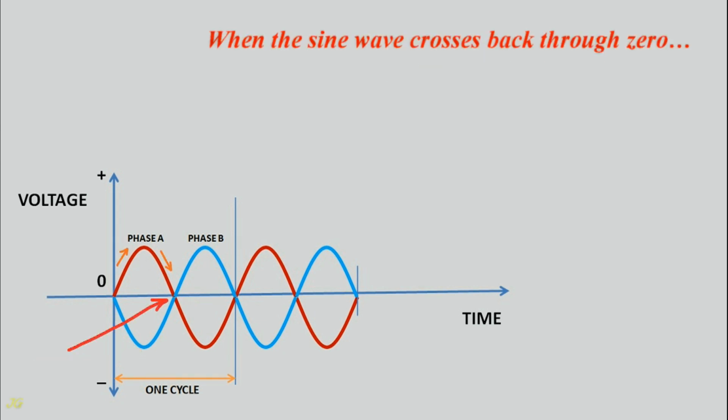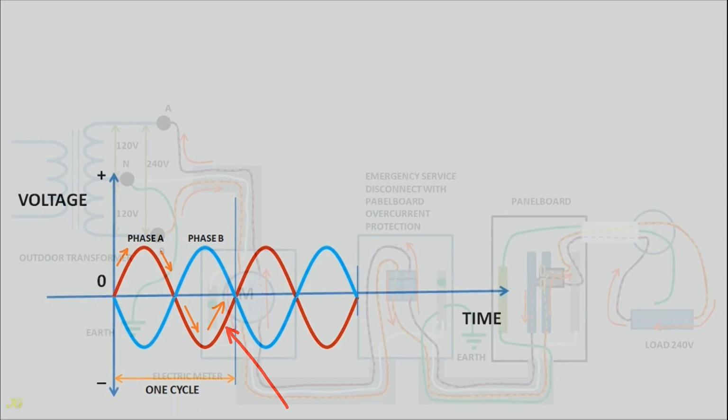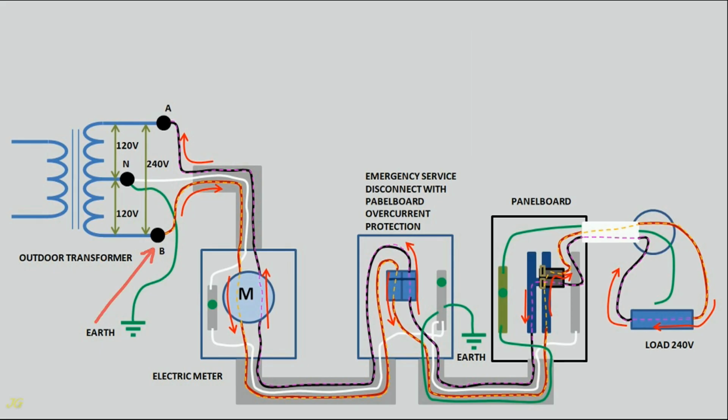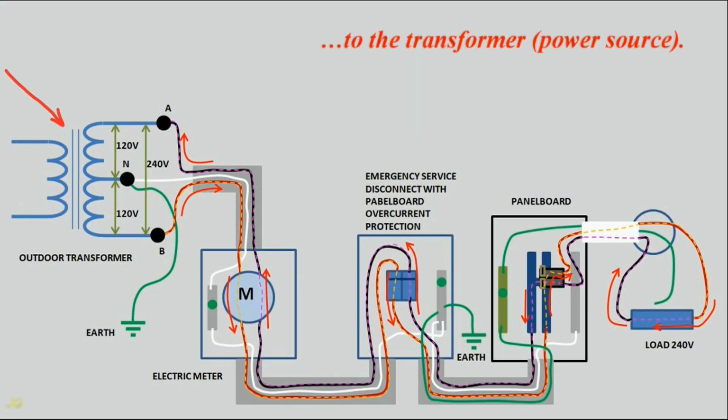When the sine wave crosses back through zero and starts to peak negative and then returns to zero, current flows in the reverse direction: from the hot leg, phase B wire, through the load, and back through the hot leg, phase A wire, to the transformer power source.